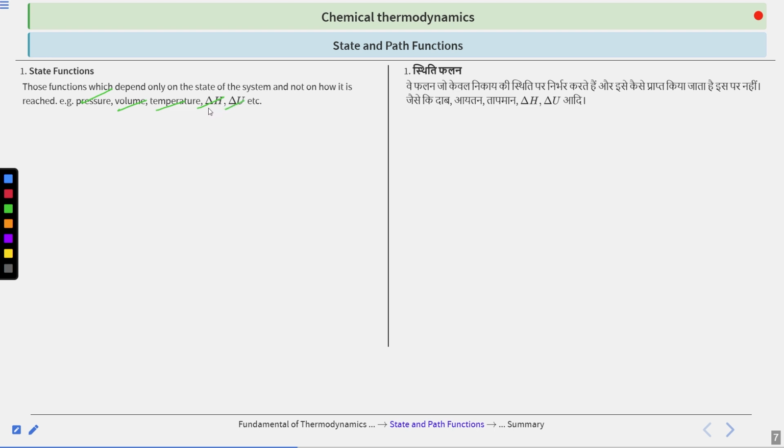The use of this is that you can easily calculate the change in the function by knowing the first and last value, and you will just take a subtraction, that is final minus initial. Clear? It means the change remains constant, as well as the values.